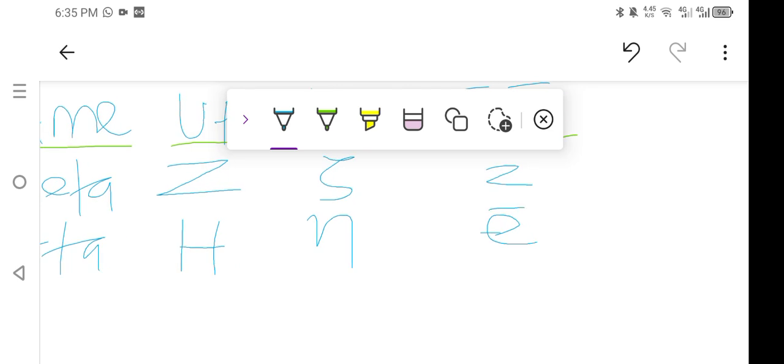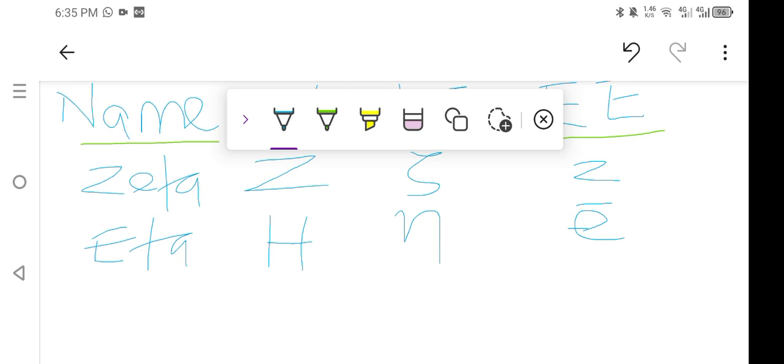The way eta is used is, if the E sound in a word has a strong and prolonged sound, they'll use eta instead of epsilon. For example, think of the English word obey.